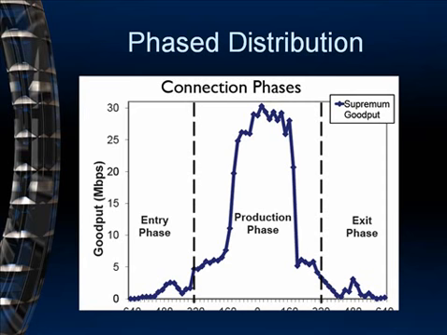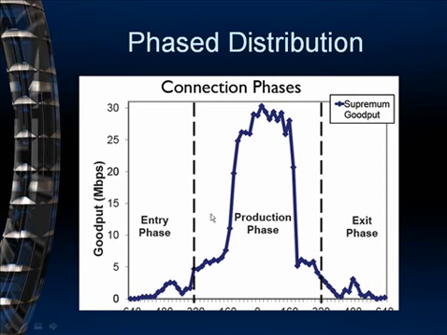In fact, if every car utilizes their production phase to the fullest, then they have virtually utilized all the phases, and this entry phase and this exit phase is much longer in terms of kilometers than this production phase.